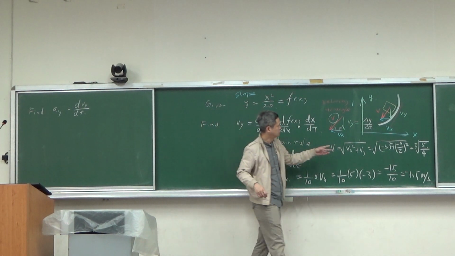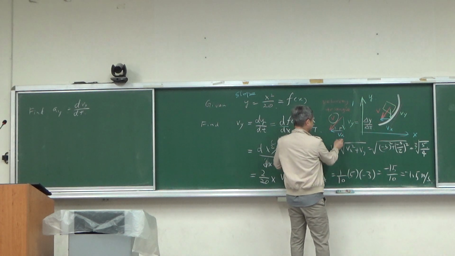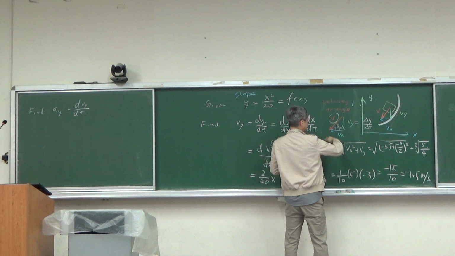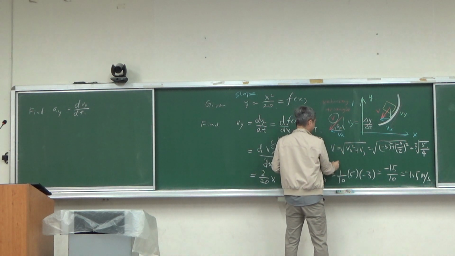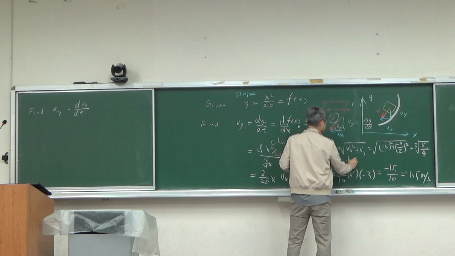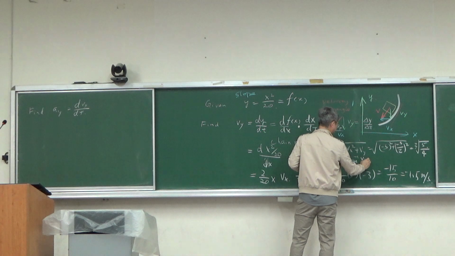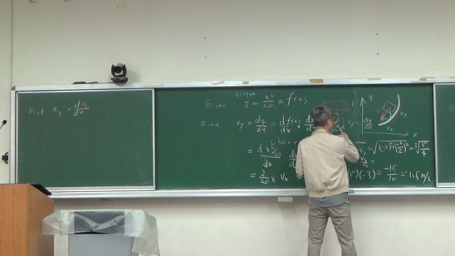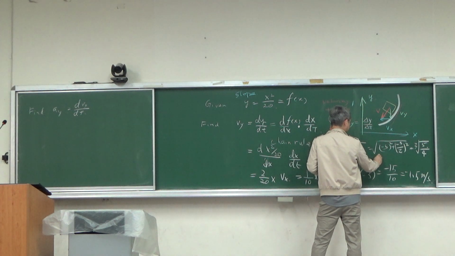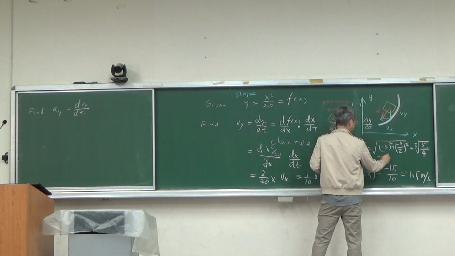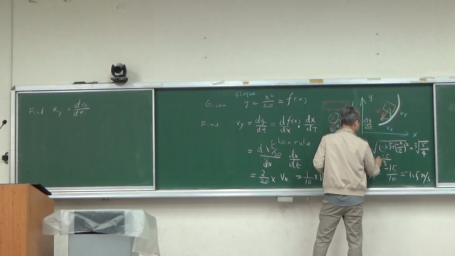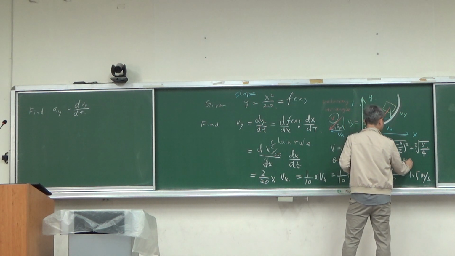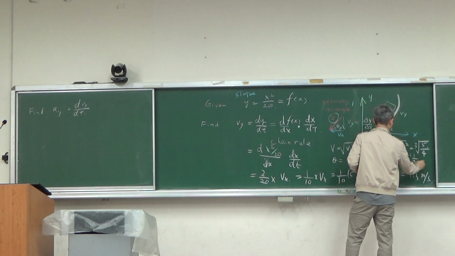And some more for your information, your speed is coming down with the slope. What is this slope? This is arctangent of dy over dx. It is minus 1.5 divided by 3, arctangent. So we have arctangent of 1 over 2.